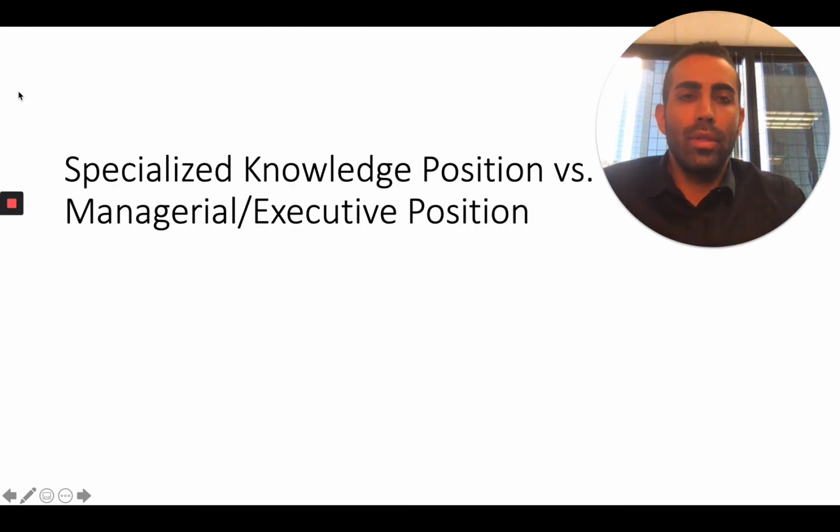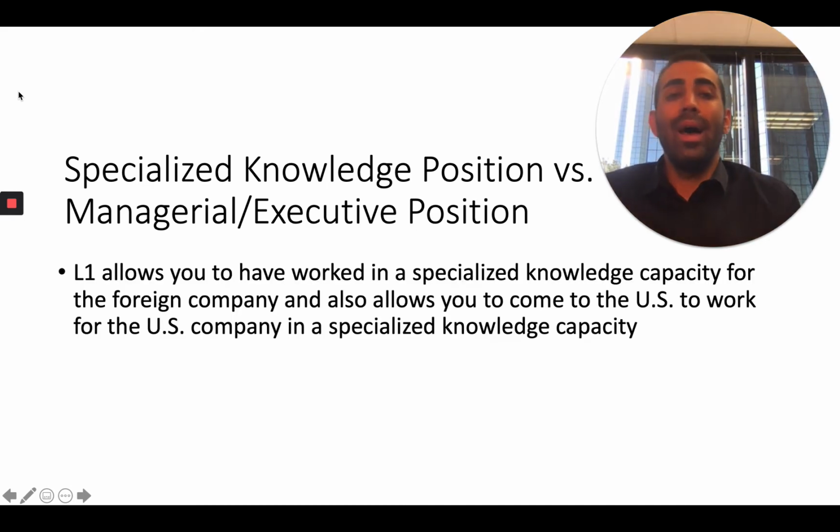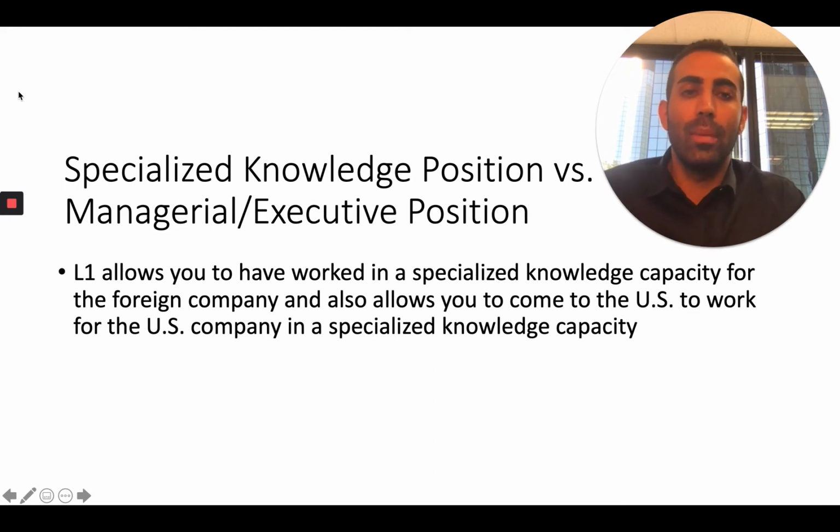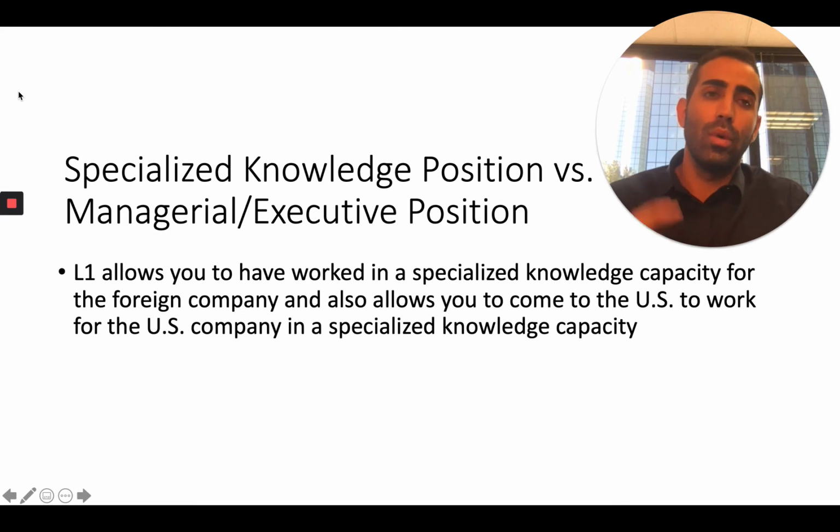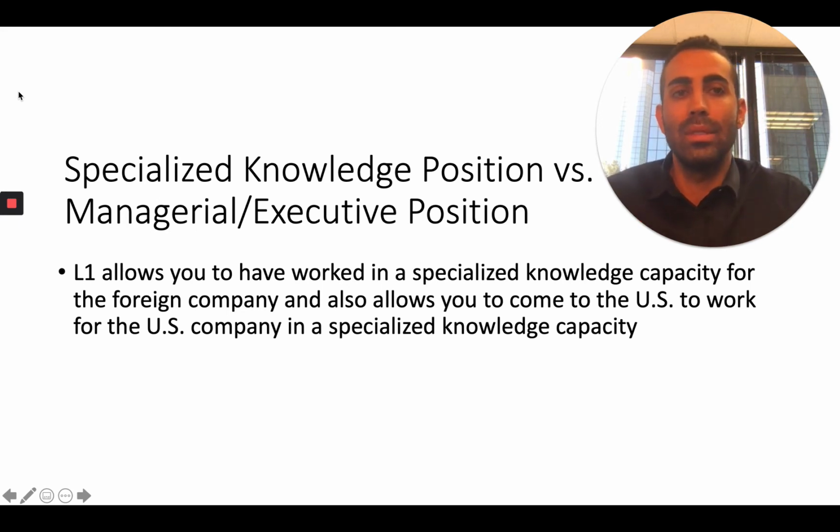Another thing I want to discuss is the issue of specialized knowledge versus managerial or executive, which is another big difference between L1 and EB1C. The L1 visa allows you to have worked in a specialized knowledge capacity for the foreign company and also allows you to come to the US to work for the US company in a specialized knowledge capacity. This is what we were talking about earlier in the quick intro to L1 and EB1C.